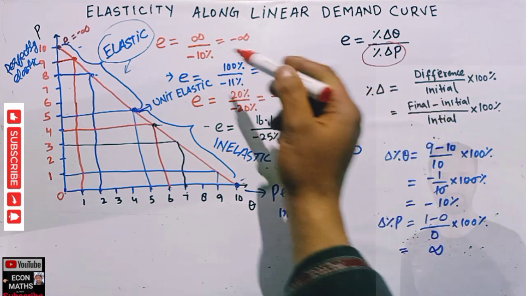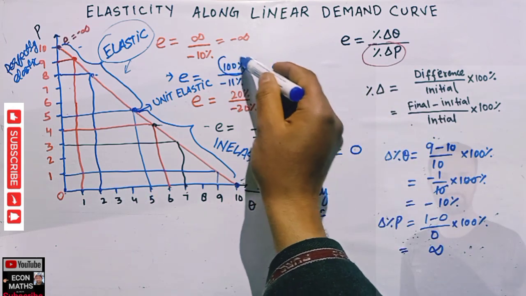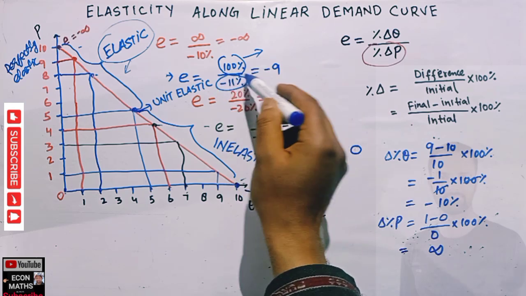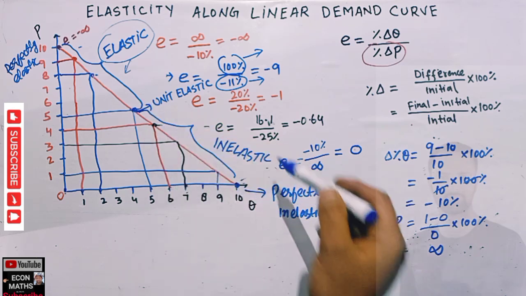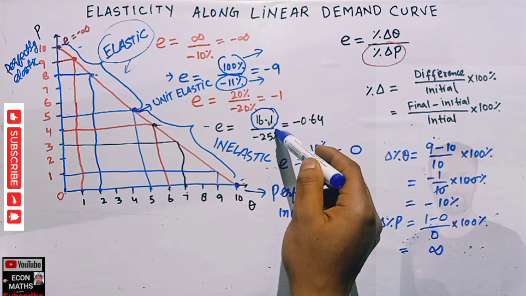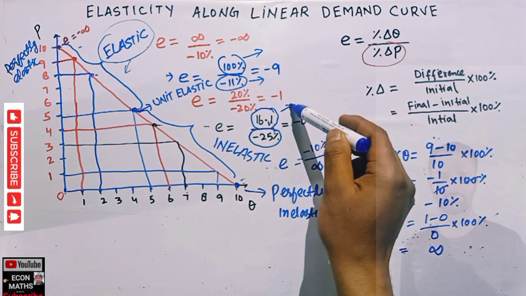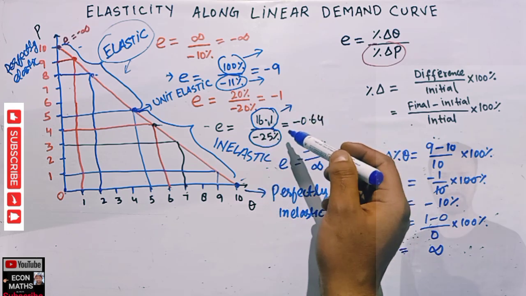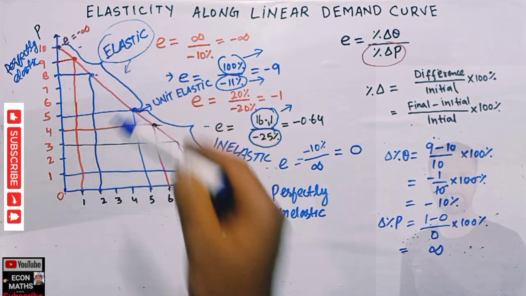Here you can see the quantity demanded change is greater than the price change, and in this lower part the quantity demanded change is less than the price change. So quantity demanded changes by 16% but price decreases by 25%. This is our inelastic portion and this is our elastic portion.